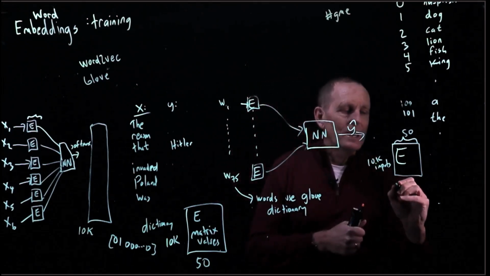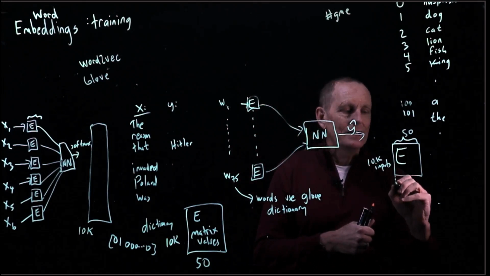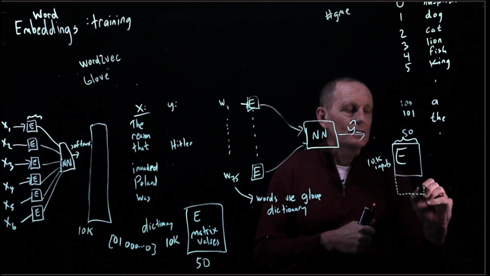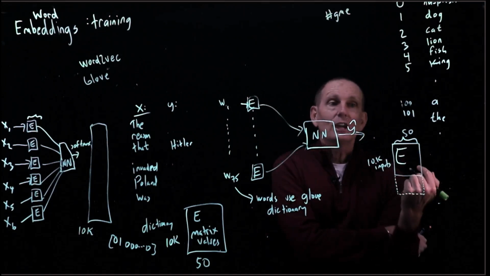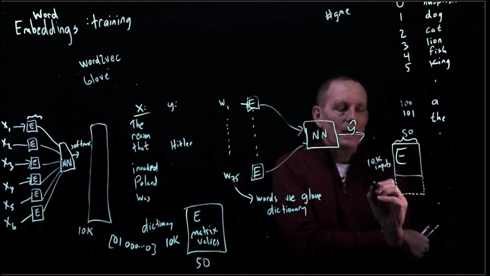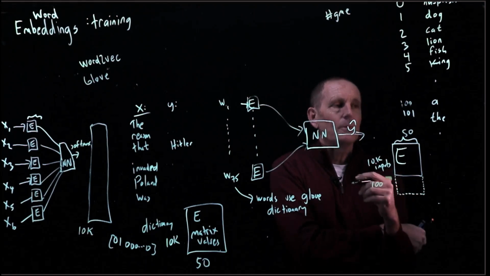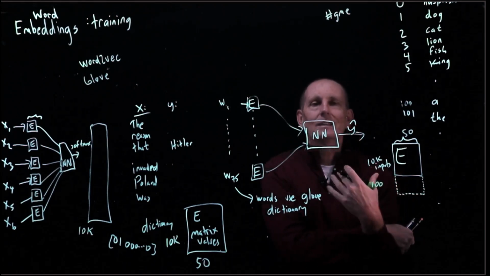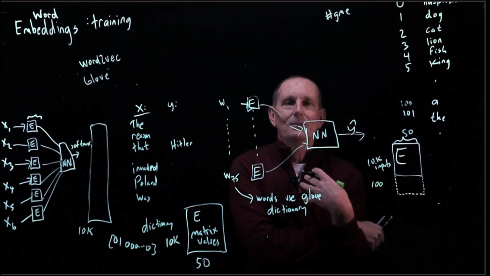So we can go ahead and add, let's say, some more entries to this embedding matrix. Now they're not pre-trained, right? We didn't get them pre-trained from GloVe or Word2Vec, so we'll add 100 more, which are the common ones that we find in our corpus.